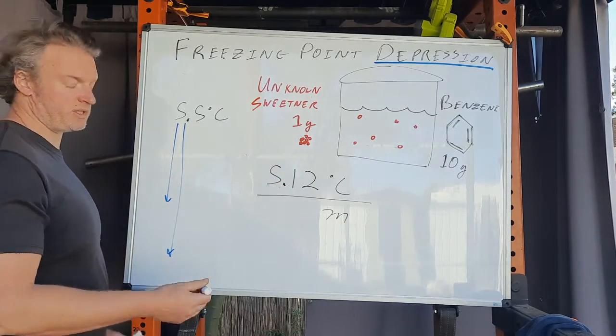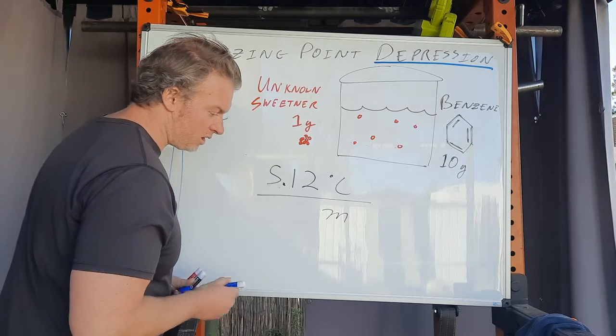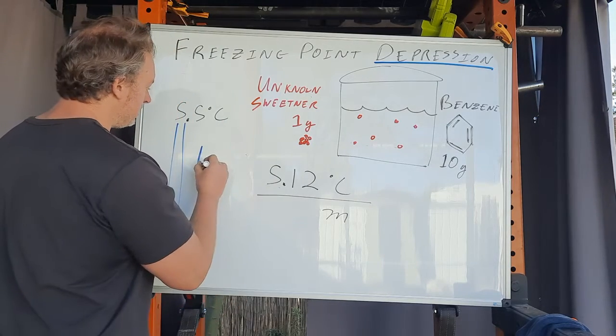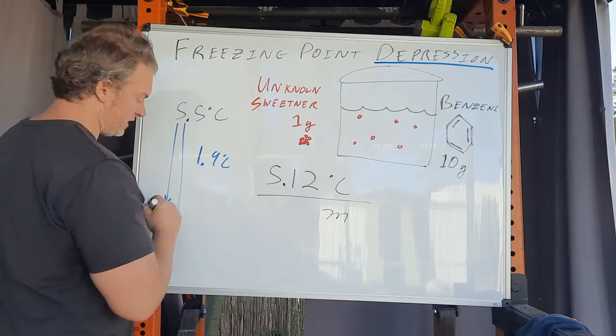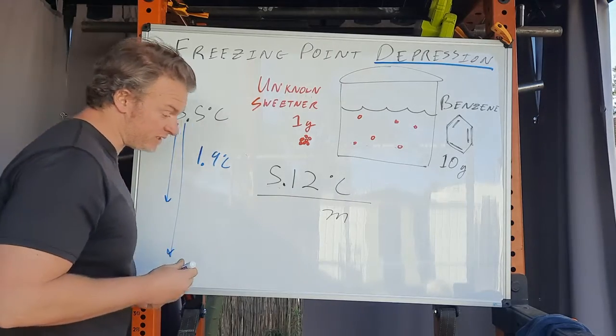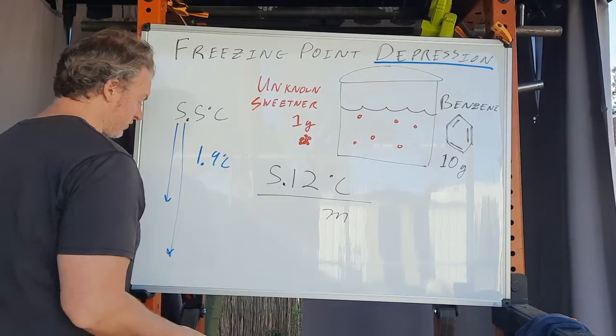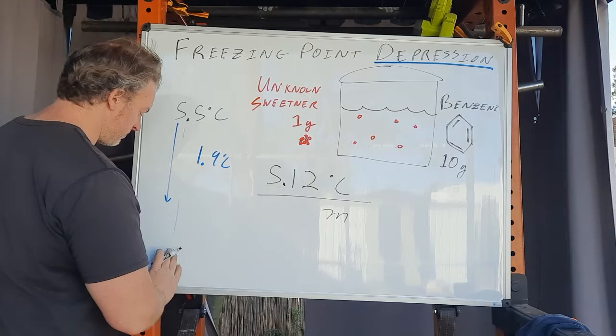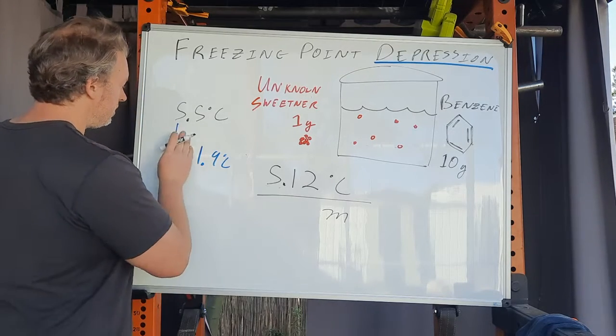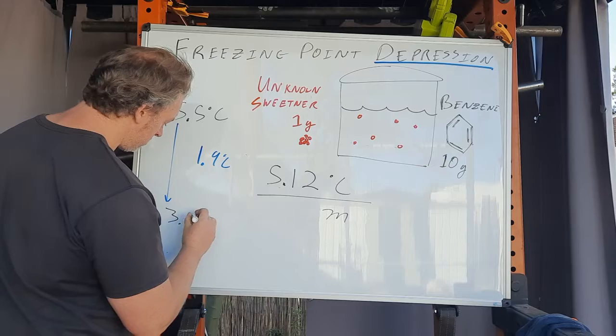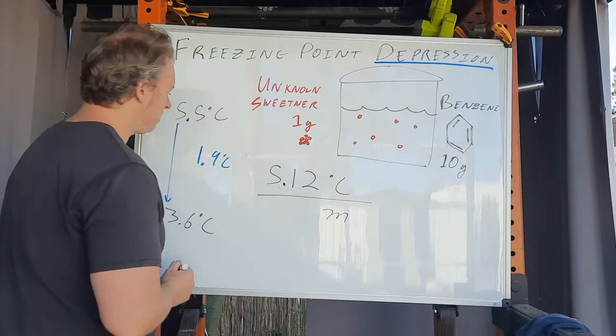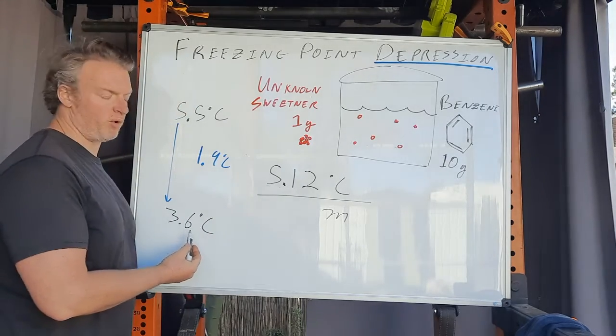The more that's in here, the more it's going to go down. In this example, in the laboratory, the freezing point goes down 1.9 degrees Celsius, and what you observed in the lab was 3.6 degrees Celsius. So let me just clean up my board here. You observe this freezing point, pretty simple.